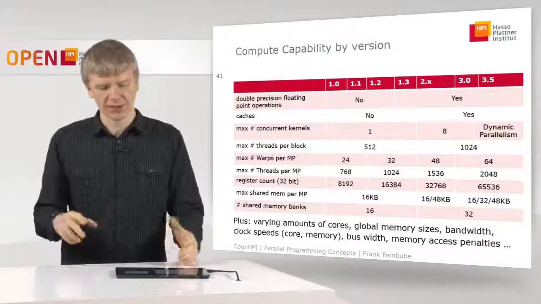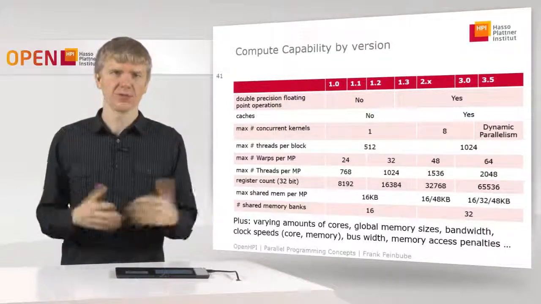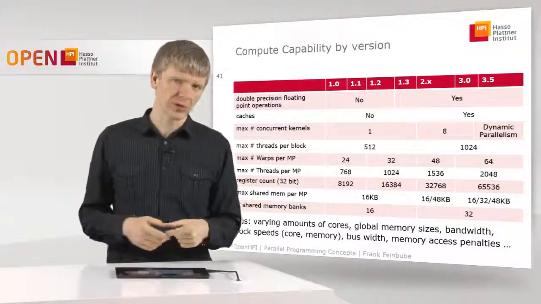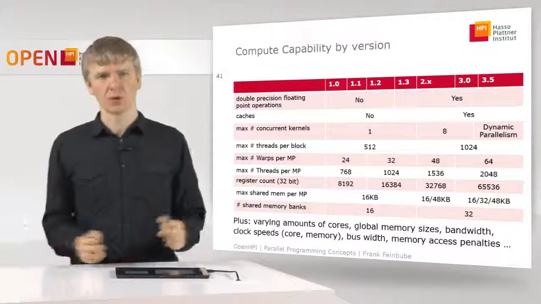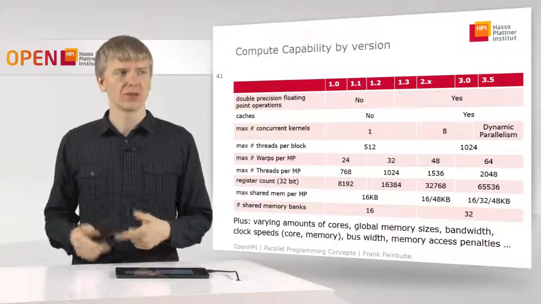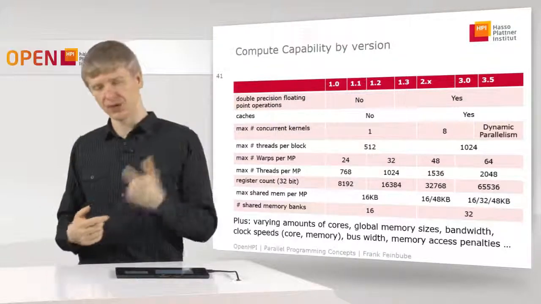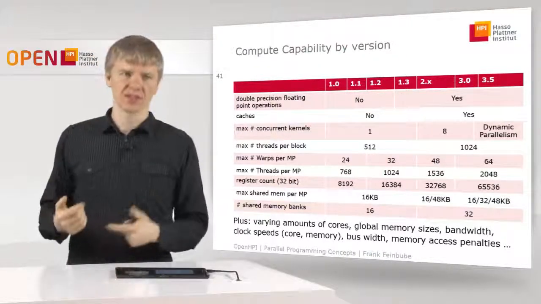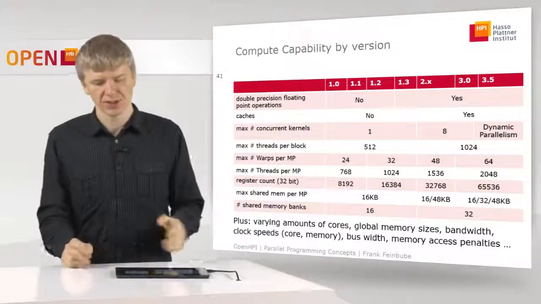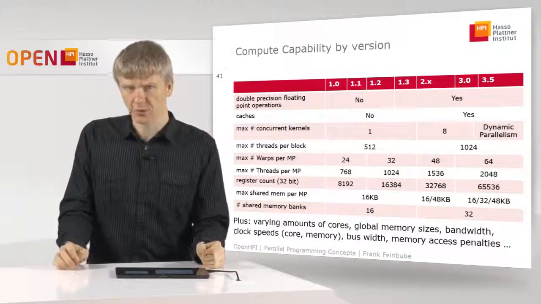And then they come with various amounts of cores. In notebooks, usually you have a very small amount of cores. In desktop computers, you have way more cores. The bandwidth varies, the frequency varies, and the frequency of the cores and the memory and the bus and so on. So you have all those different devices, and the question is how to program them.